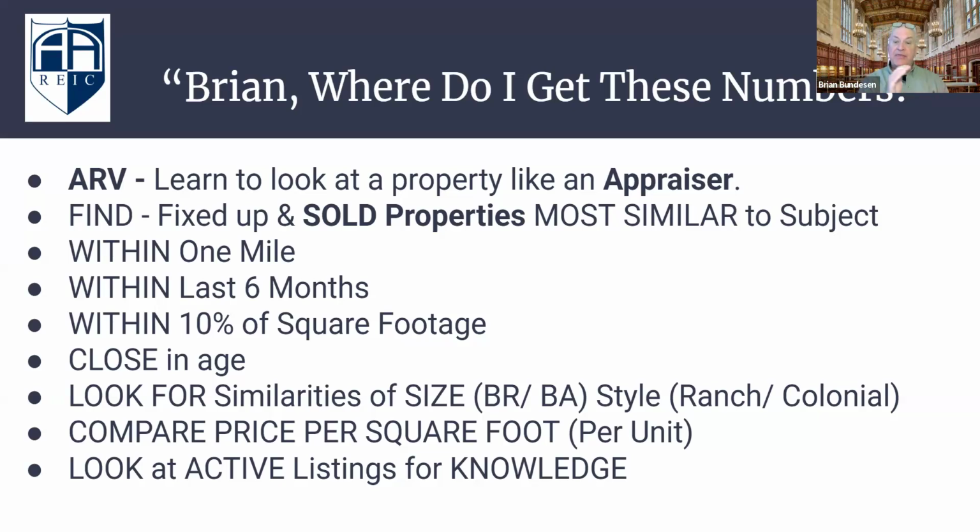All right. And then you want to tick down to similar styles. If you're analyzing a ranch property, you want to analyze ranch properties. But if there are no ranch comps, if there are no sales within the last amount of time, within a mile, etc., then you can move to a different style.